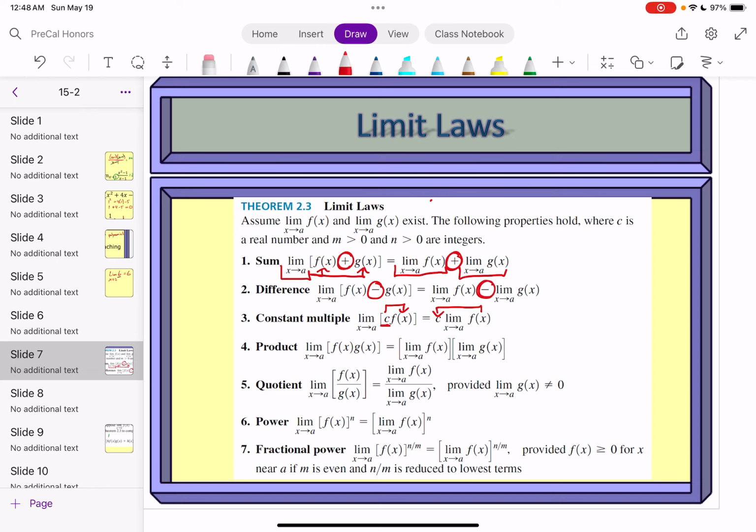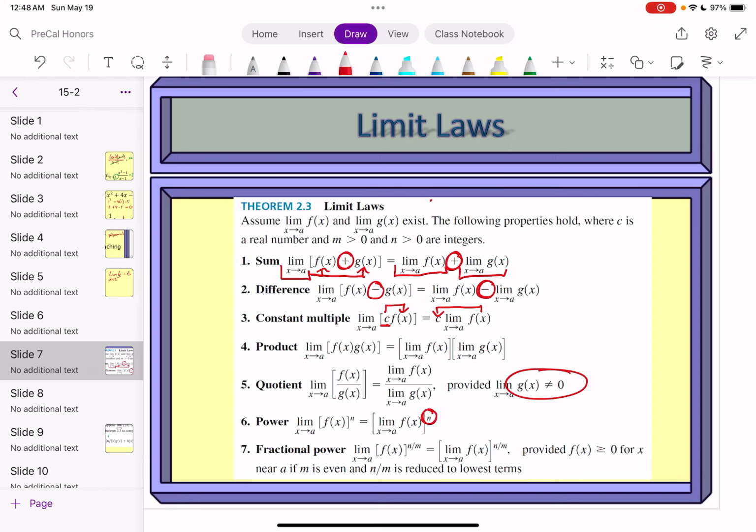For the quotient, once again, you are doing the same thing. You are dividing the limit of f of x when x approaches a over the limit of g of x when x approaches a. Number one thing to remember is that the g of x cannot equal 0. The same thing will occur with some form of power.